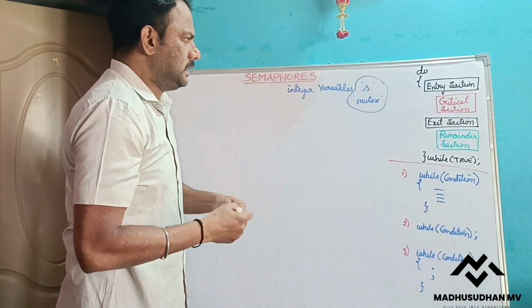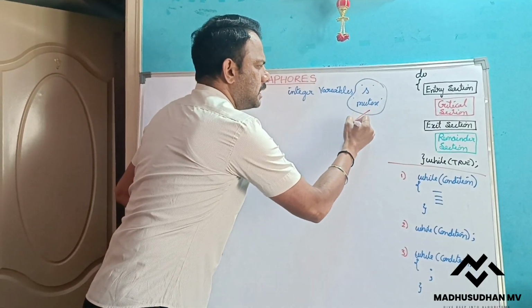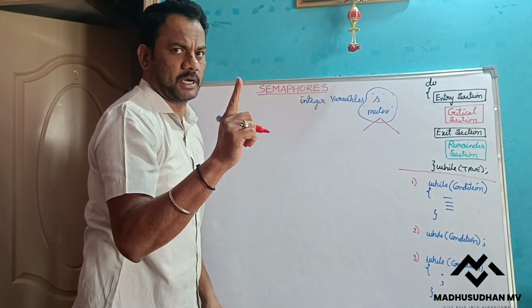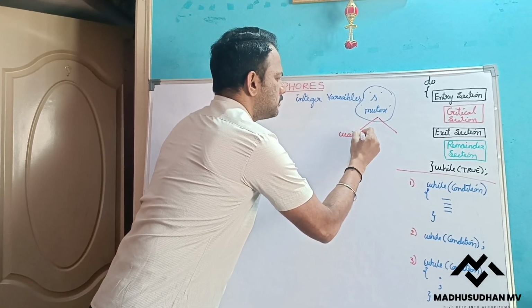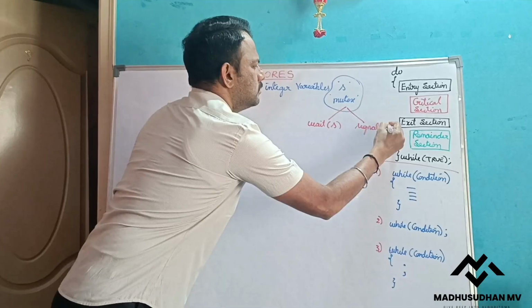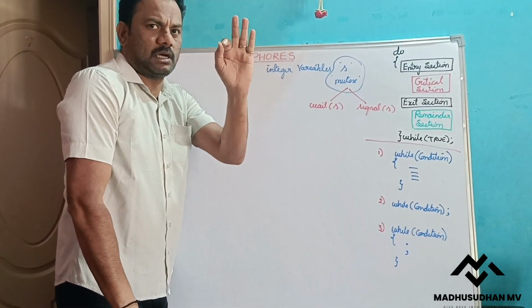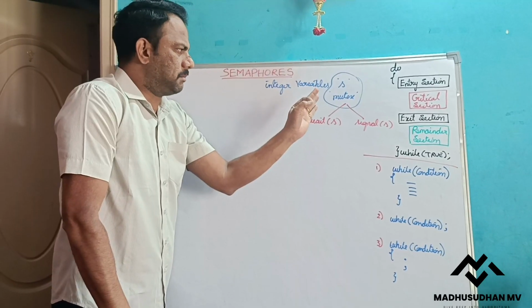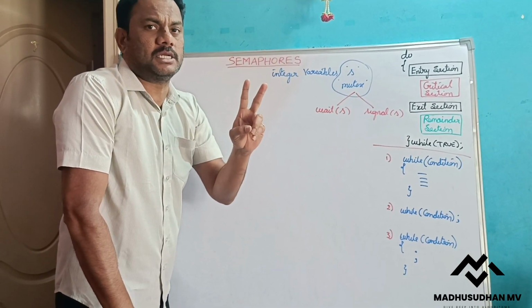But the condition is that these variables should be accessed only by two atomic operations: one is wait and another is signal. So semaphores are nothing but integer variables that can be accessed only by two atomic operations.